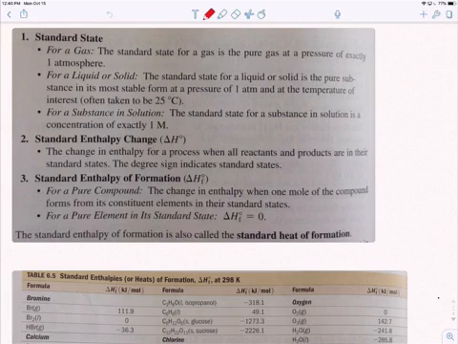1 bar is 100 kilopascals. So 101.3 kilopascals is an atmosphere. So I think the Russians had a better idea for their pressure. It's a much nicer round number, so 100,000 pascals, 100 kilopascals, whatever.